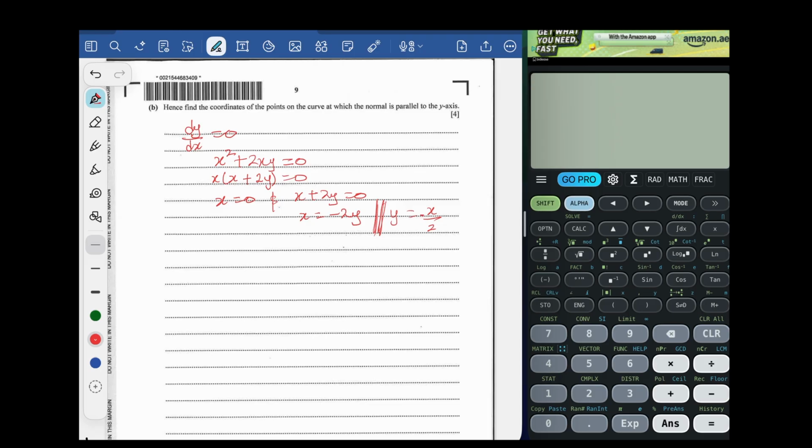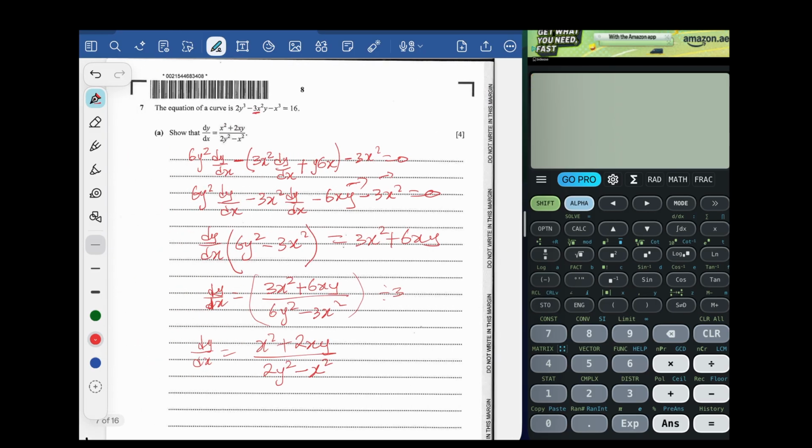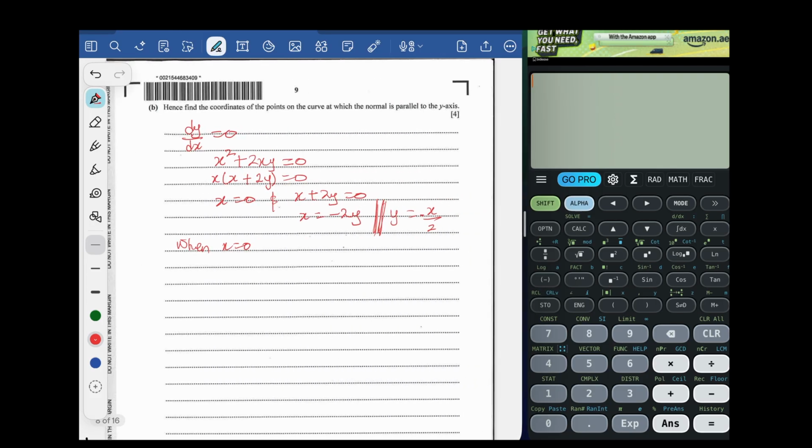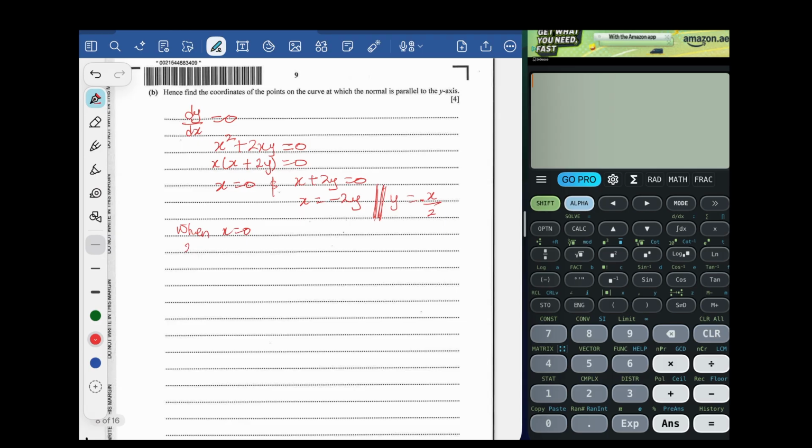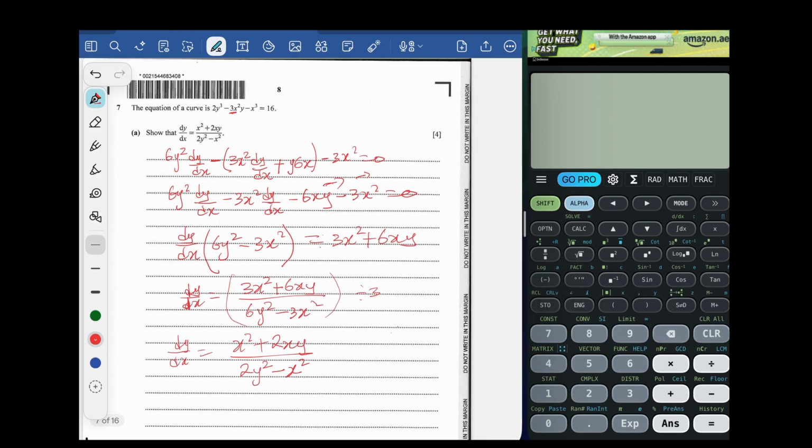Same thing. Anyone you like, you can use to solve. So I will now solve. When x is equal to 0, I substitute back into my previous equation: 2y cubed minus 3x squared y minus x cubed is equal to 16. I'll just check that again.